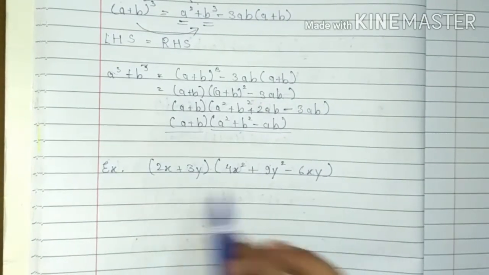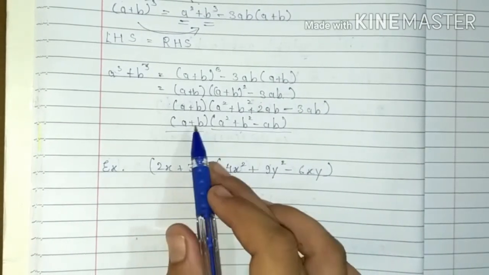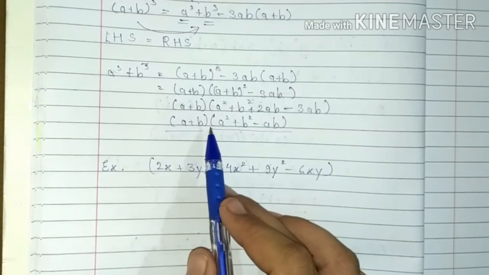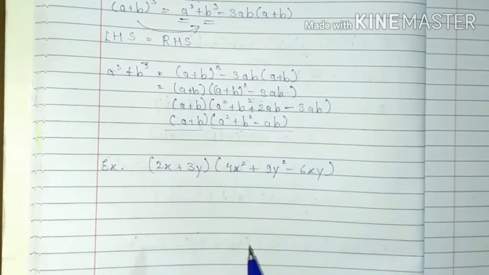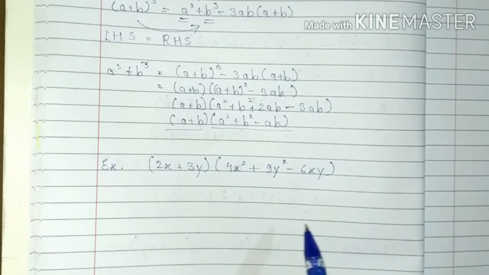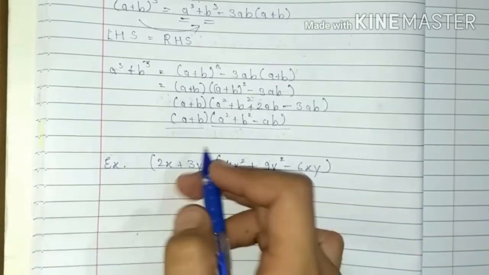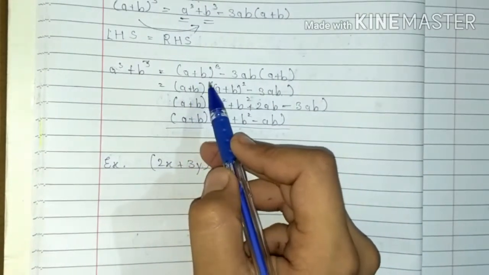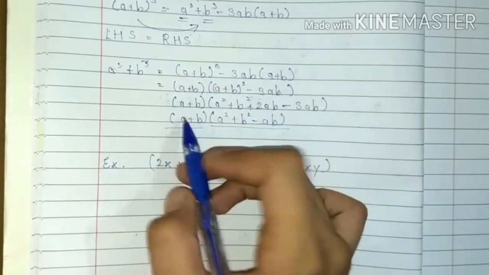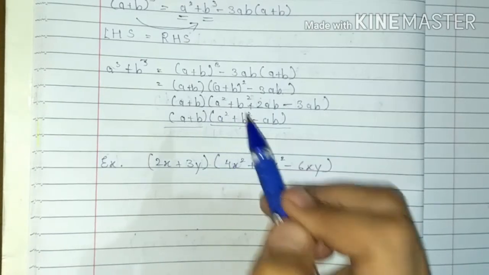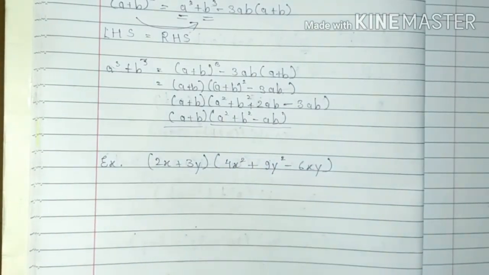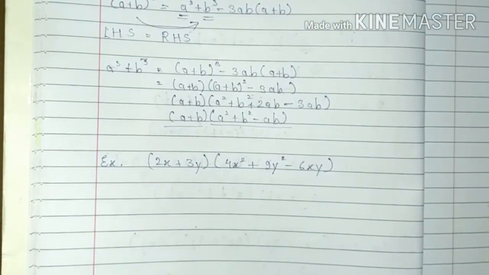We can see this expression is given in the form of a plus b whole bracket multiplied by whole bracket a square plus b square minus ab. So we can solve this using the formula a cube plus b cube.